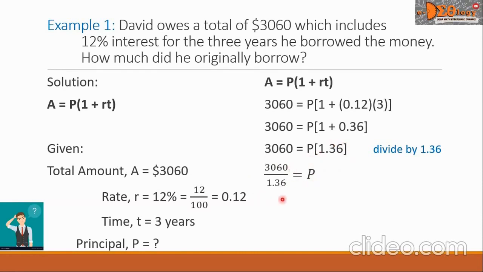And then we will take the quotient of this, it will be 2,250, and that is the P, or principal. Let us not forget the unit of measurement. P is a money. We will affix our dollar sign. So this is $2,250. This is our final answer.